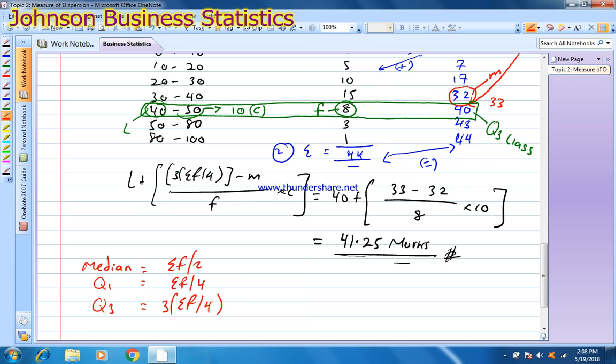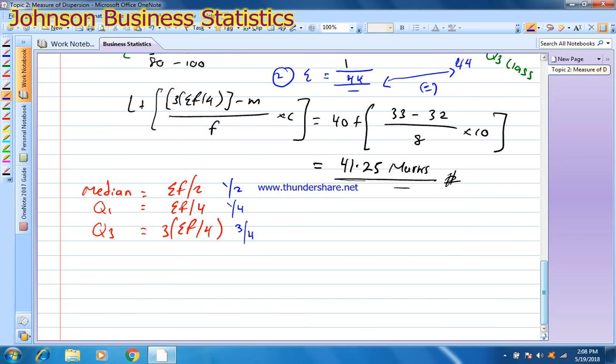Okay, so this is the differences between the median, Q1 and Q3. So this is basically 1 over 2, 1 over 4, 3 over 4. That's the thing that happens here. So that's the difference between these three formulas.